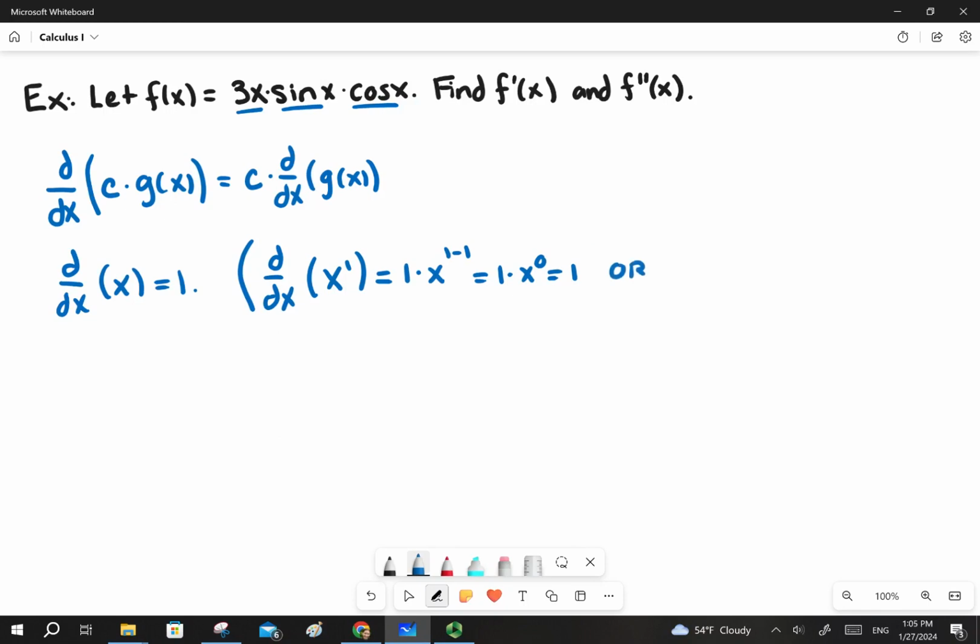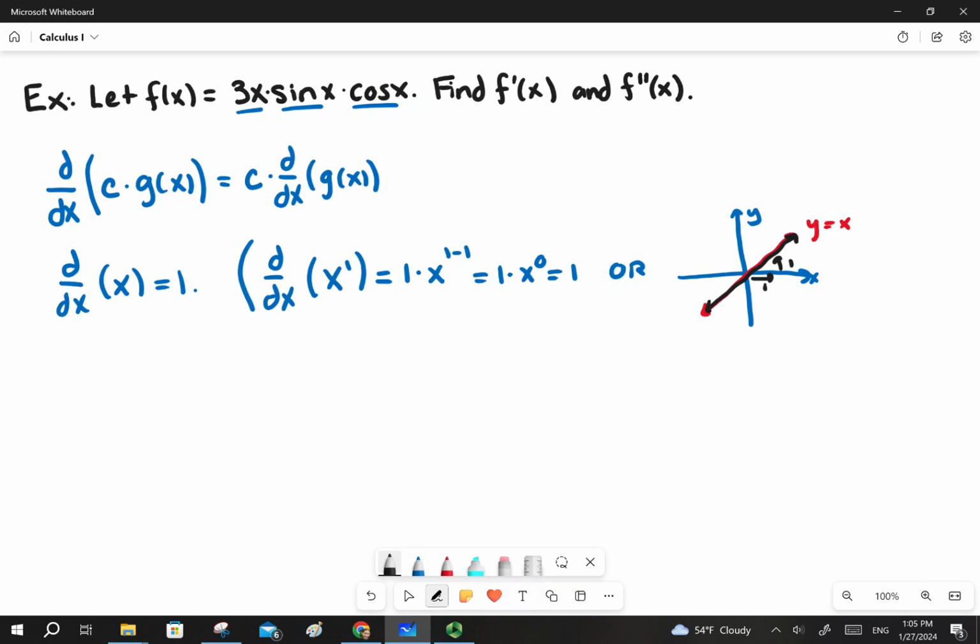Or, what I think is a little bit faster and more intuitive is to think about the graph. So if I graph the function y equals x, the derivative tells us the slope of the tangent line, but if your graph is a line, then the tangent line at any point is just that same line, and the slope of this line is 1.